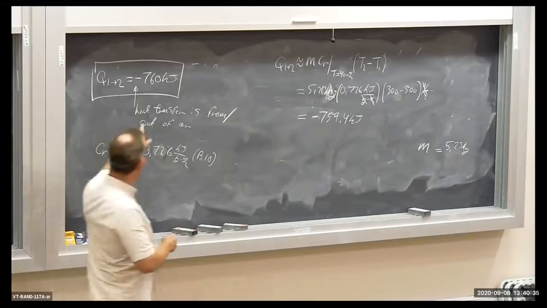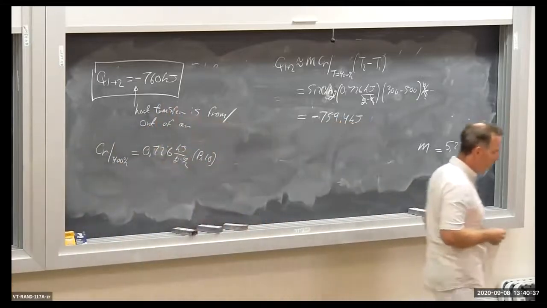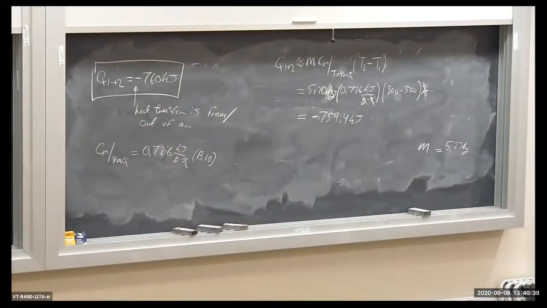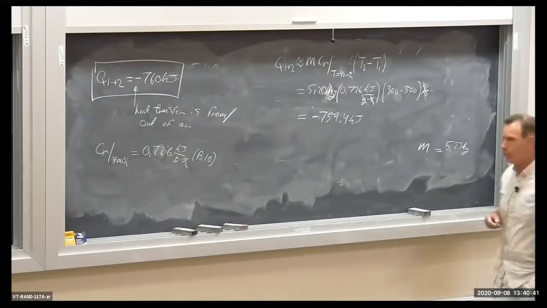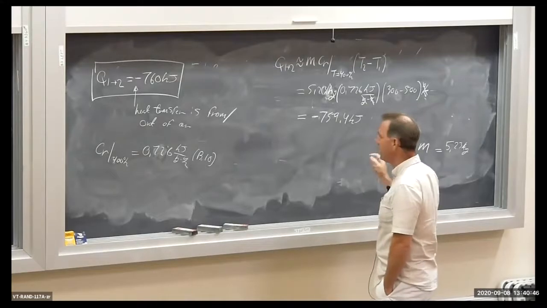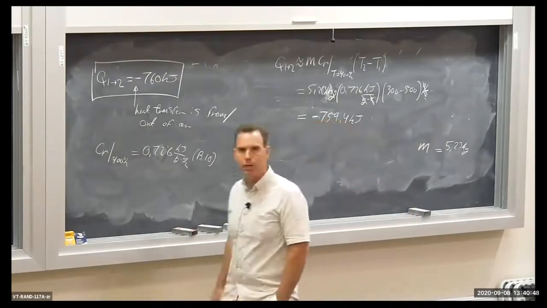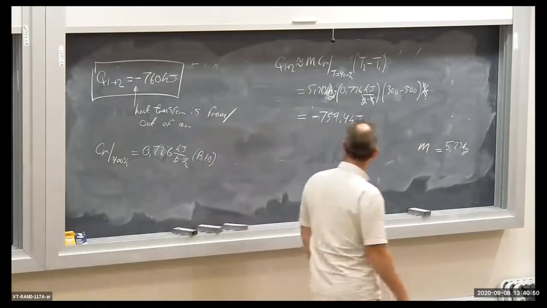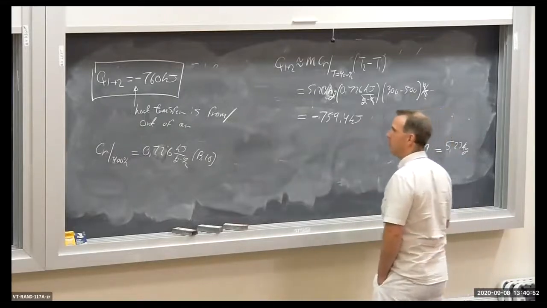So the true value using the exact properties out of the property tables is 760 kilojoules. I probably did a little rounding there. Assuming constant specific heat evaluated at the average temperature, I get 759 kilojoules.